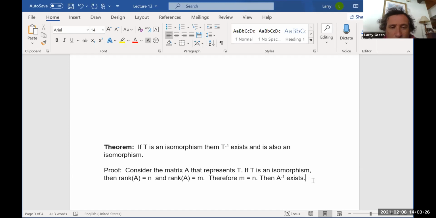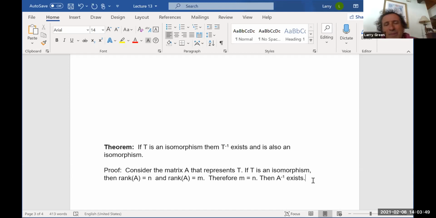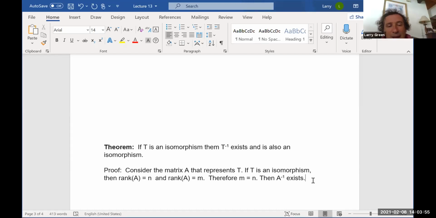But now we need to show, so we know that A inverse exists. That's important. So now we need to say that the matrix for T inverse is A inverse. That's kind of obvious. Why is that obvious? Because we said A represents the matrix of T. And in particular, A inverse does what A does backwards.